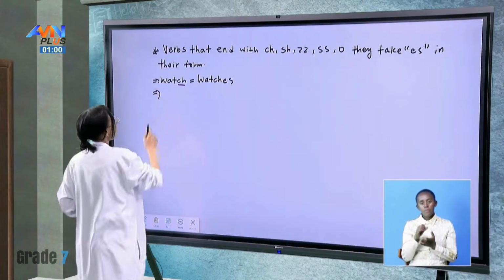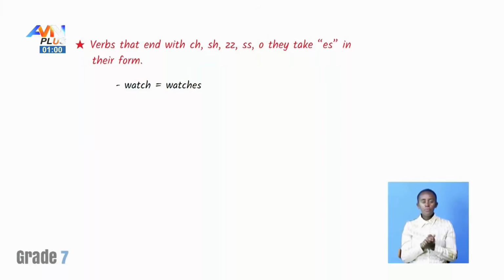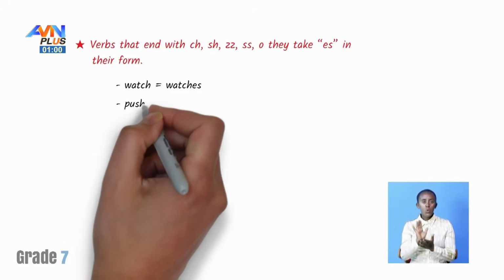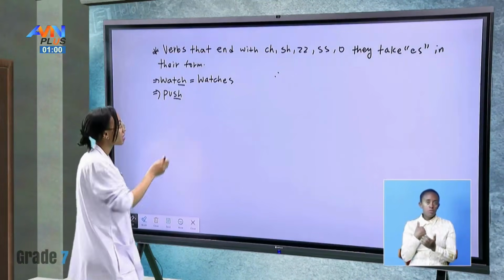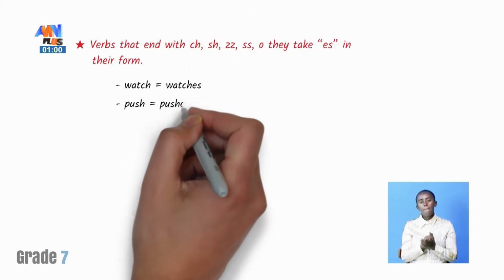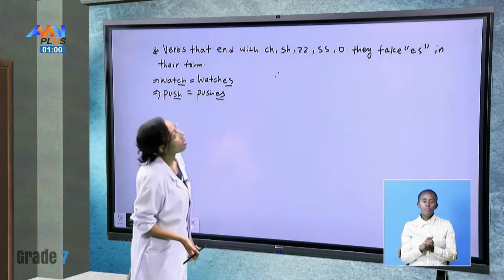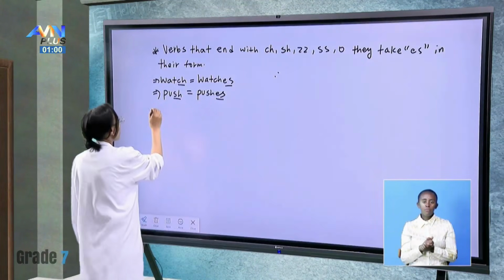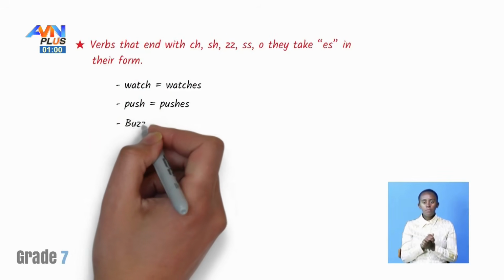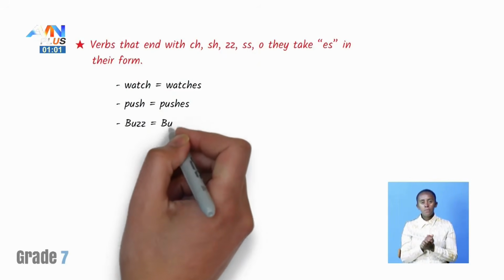What else? SH, for example. Push. It is a verb that ends with SH. That is the case, again, we use ES. Pushes. Right? What about verbs that end, for example, buzz? Buzzes.